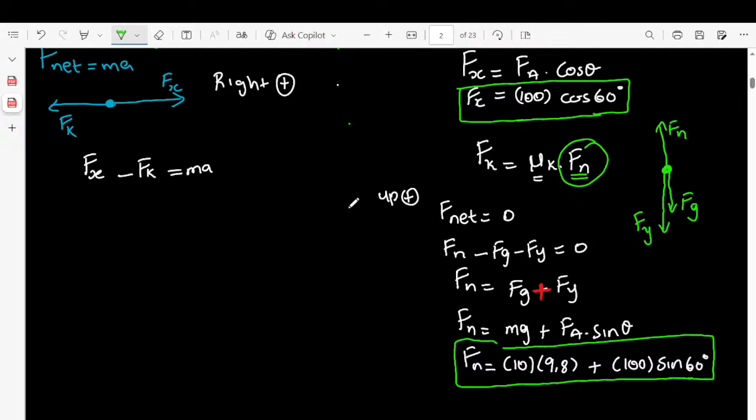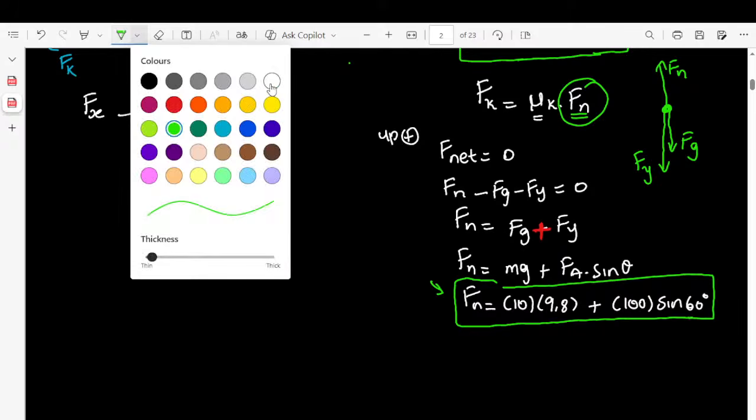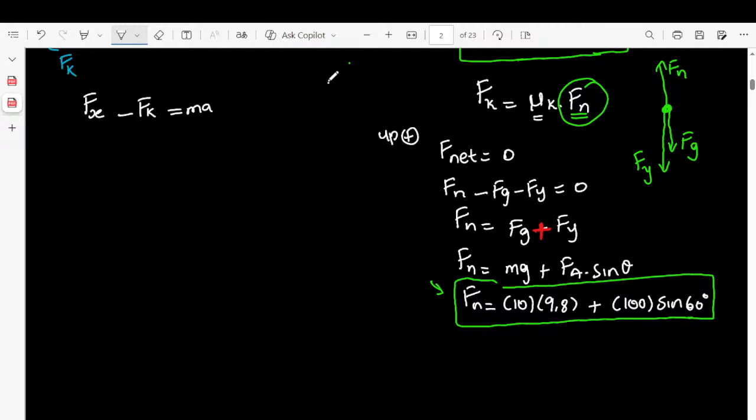Now I don't like working on this type of questions like this. I always like putting everything in my equations, in case I make a mistake, but it's fine. I need you guys to tell me, if we calculate the frictional force, what do you get? Because someone is going to make a mistake when they punch this on the calculator.